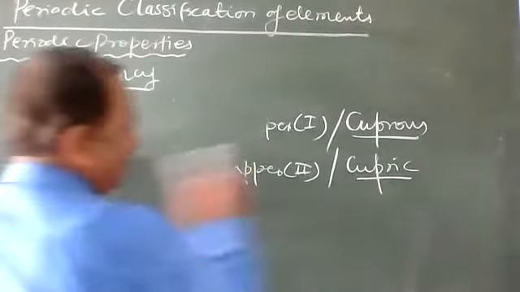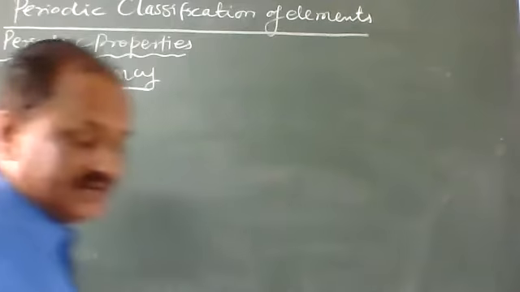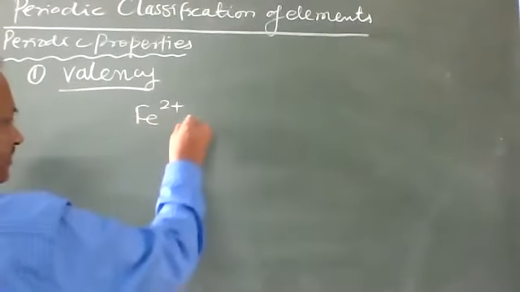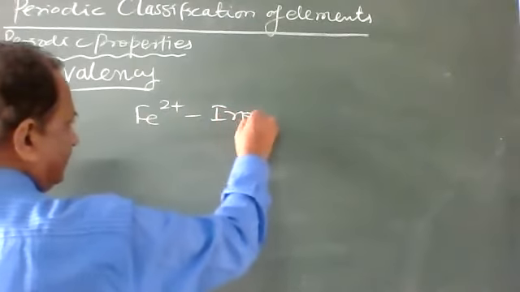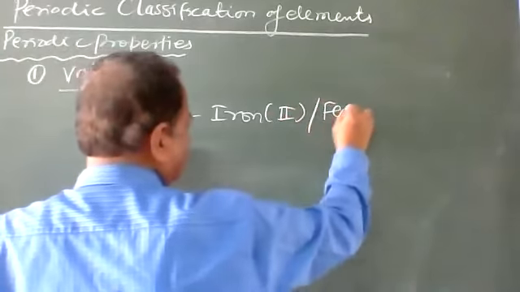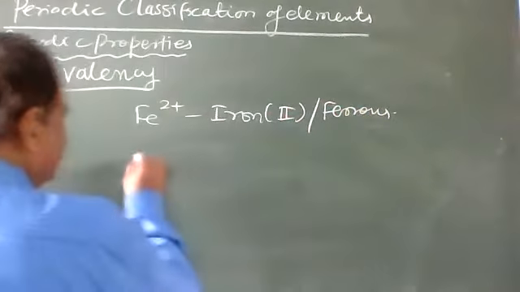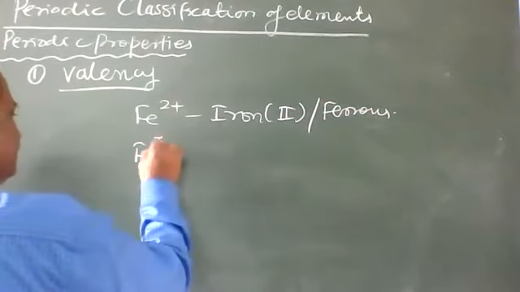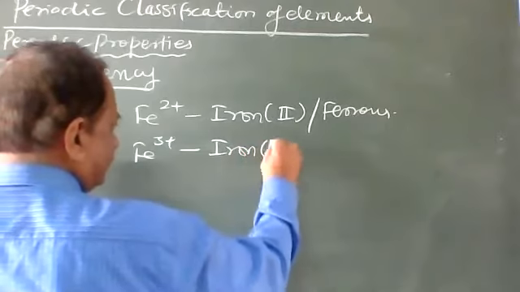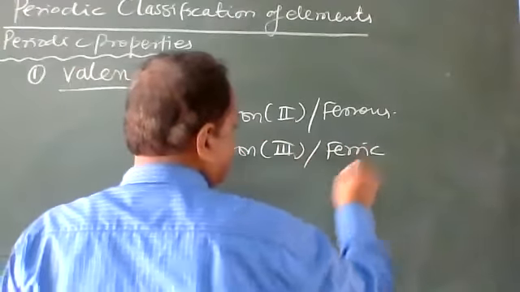Similarly, one more example, iron, Fe. Fe2 is said to be iron 2, and it is also called ferrous iron. Similarly, Fe3 is said to be iron 3, and it is called ferric iron.